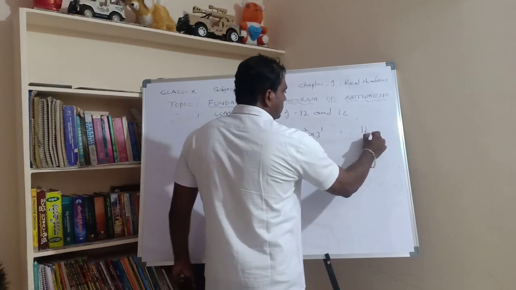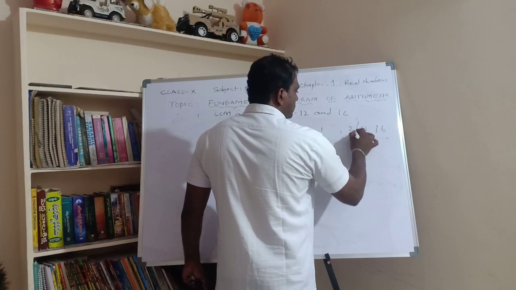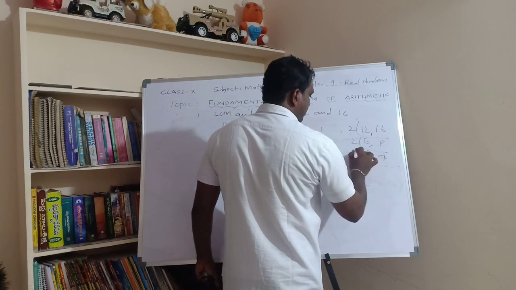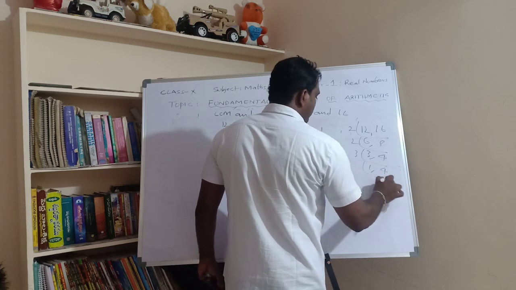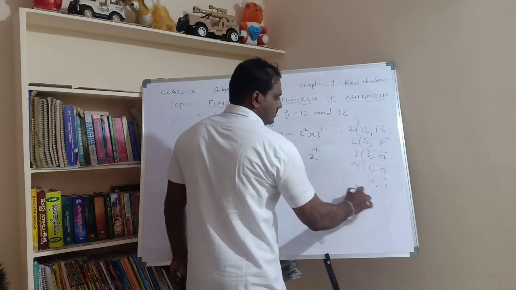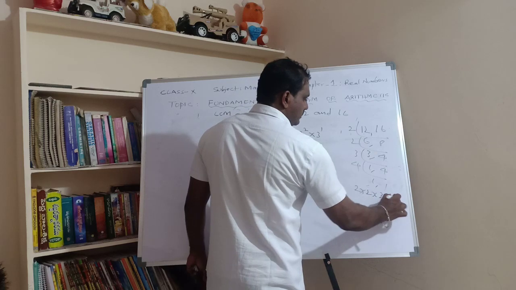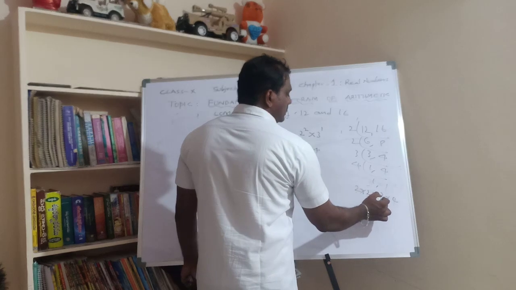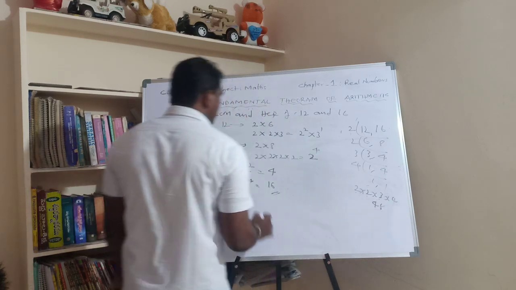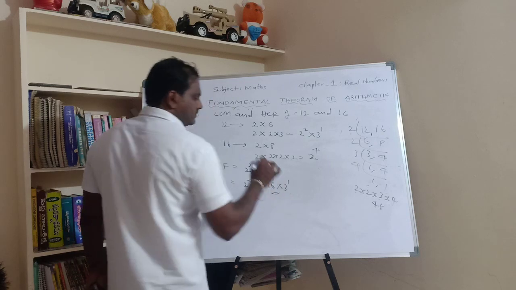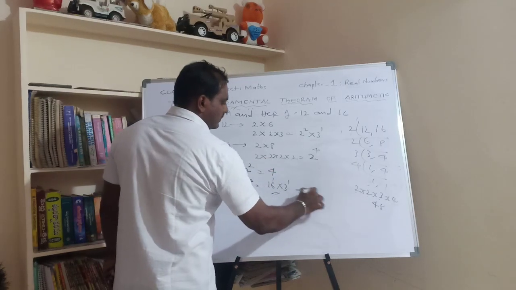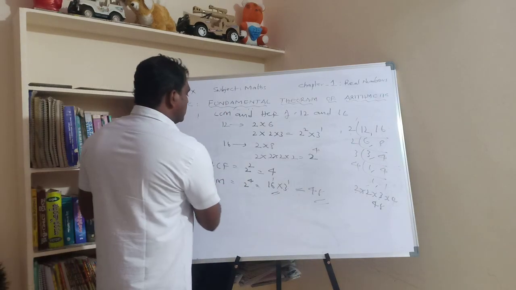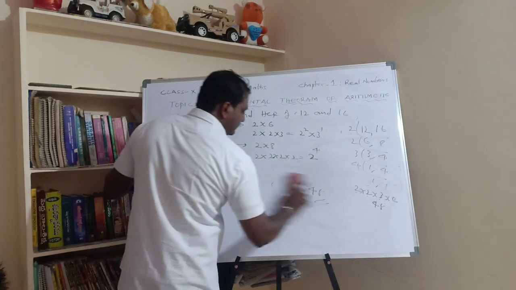We will check by the normal method. 2 into 2 into 3 into 4. 2 2s are 4, 4 3s are 12, 12 4s are 48. So what is the answer? It is 48. So like this we can check the relationship between them.